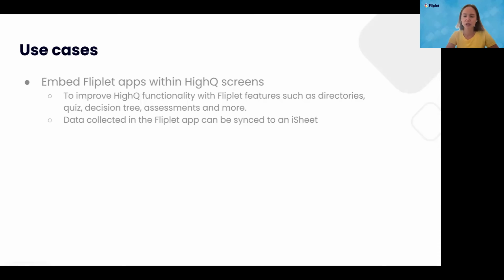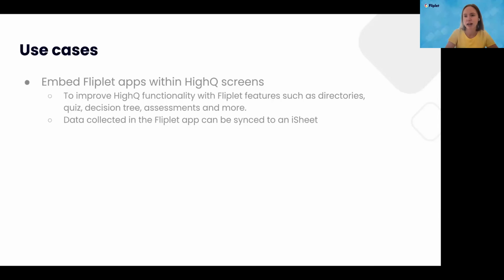And finally, what we've also seen clients doing is embedding Fliplet apps within HighQ screens. So rather than taking data out of HighQ and putting it in Fliplet, you can also do the vice versa. If you have a HighQ site, what some clients have done, in order to improve the functionality of those HighQ sites, is build their app in Fliplet and then embed it within their HighQ site.